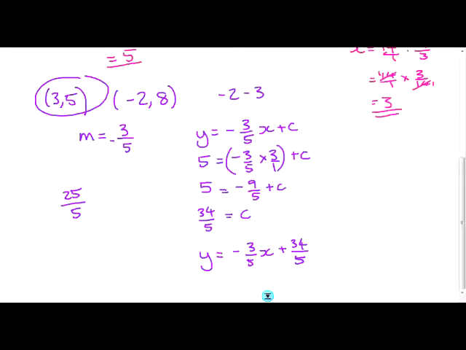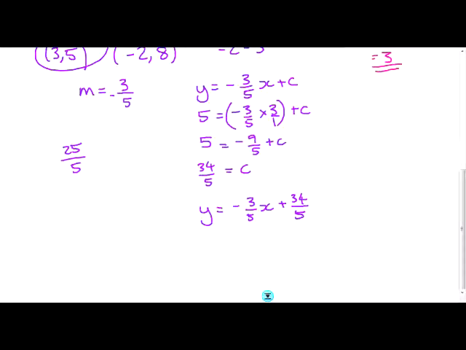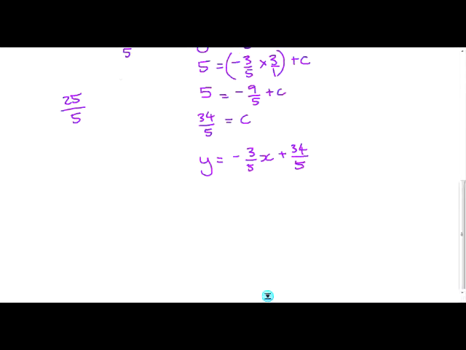Okay, so if they now asked us to have it back in this form, ax plus by plus c is equal to 0, we're going to have to get everything on one side. So you should be able to appreciate that this is the same thing, because when you add fractions, when the denominator is the same, you combine the tops.